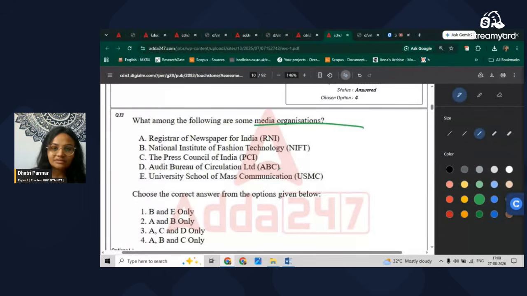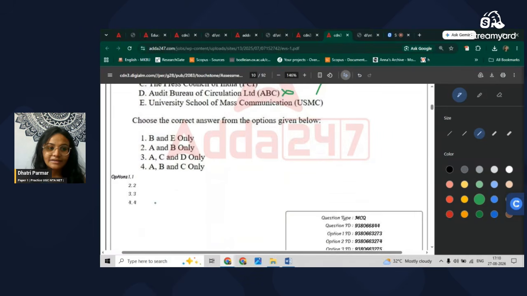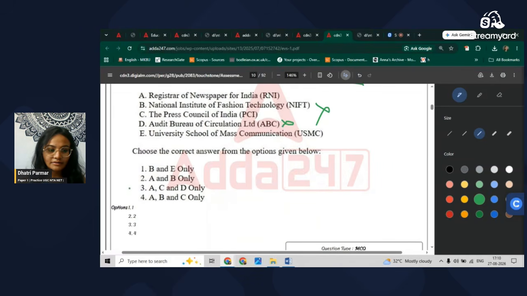Now fashion technology itself is going to be out. Press Council of India, yes, this can be. The Audit Bureau of Circulations Ltd is not possible because audit is connected with accounting, and that's why the right option is A, B, and D. Sorry, A, C, and D. That is the right option.